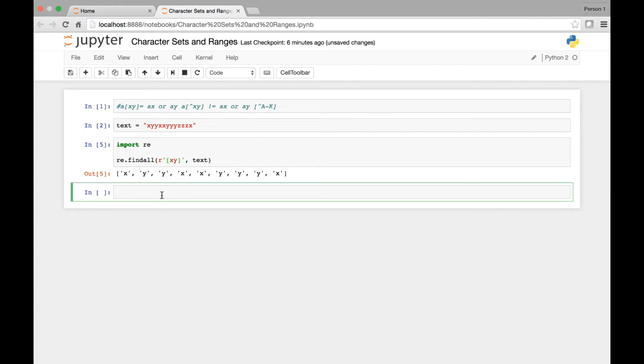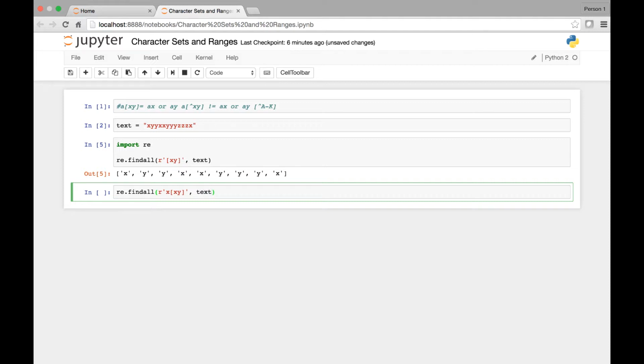Let's look at another example. Let's say I want to find a matching pattern where X is followed by X or Y. Okay, for that, re.findall, and then I have r and my pattern X followed by [XY].